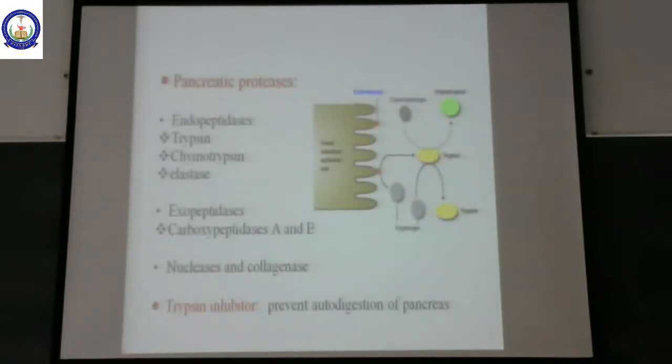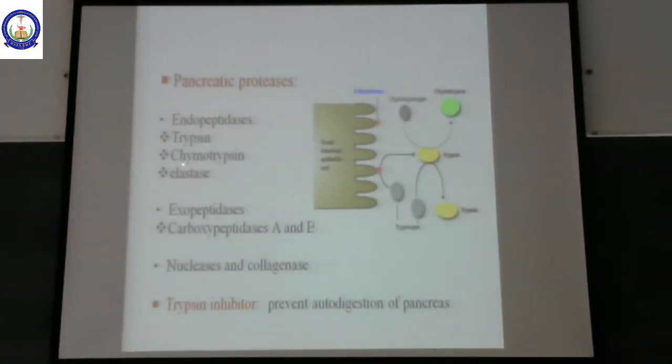Let us see what these pancreatic proteases are. Those pancreatic enzymes which cleave the amino acid chains in between, we call endopeptidases. Endo means inside. They break down the inside bonds. They are trypsin, chymotrypsin and elastase.